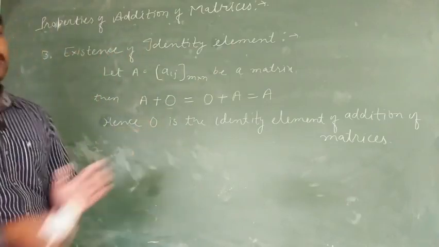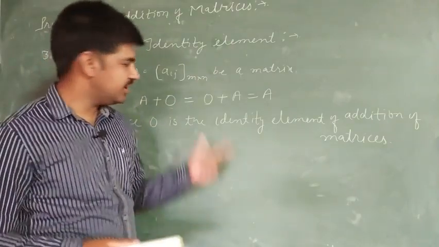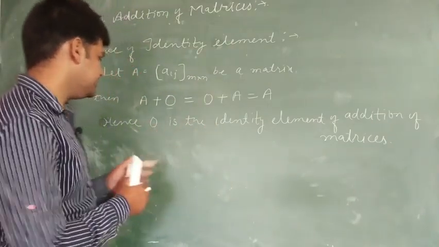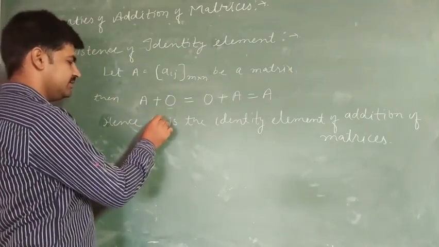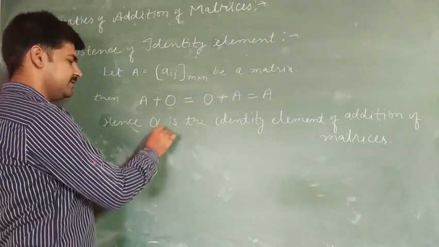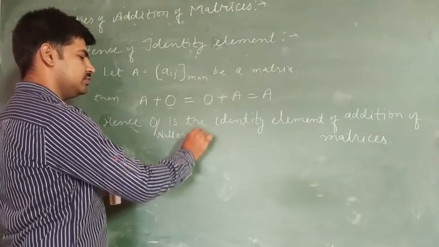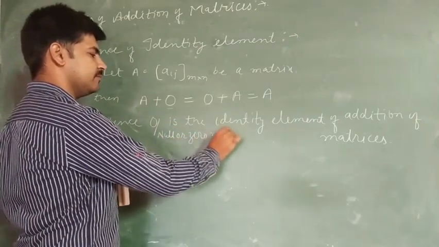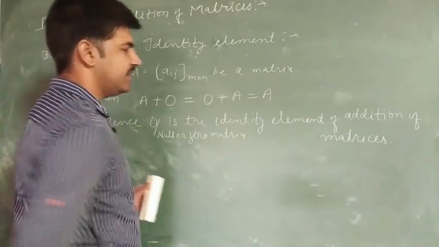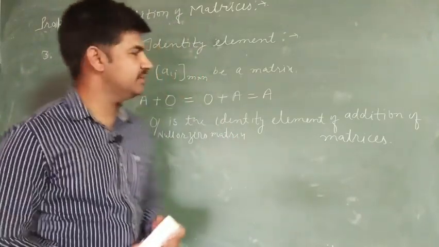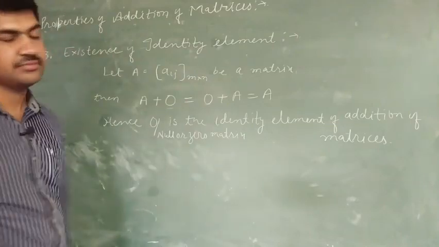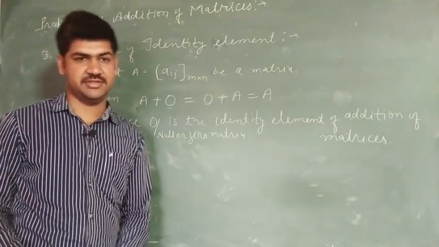So you have to keep it in your mind, students, that null matrix, O means, you may write here, this is null or zero matrix, is the identity matrix for addition of two matrices.